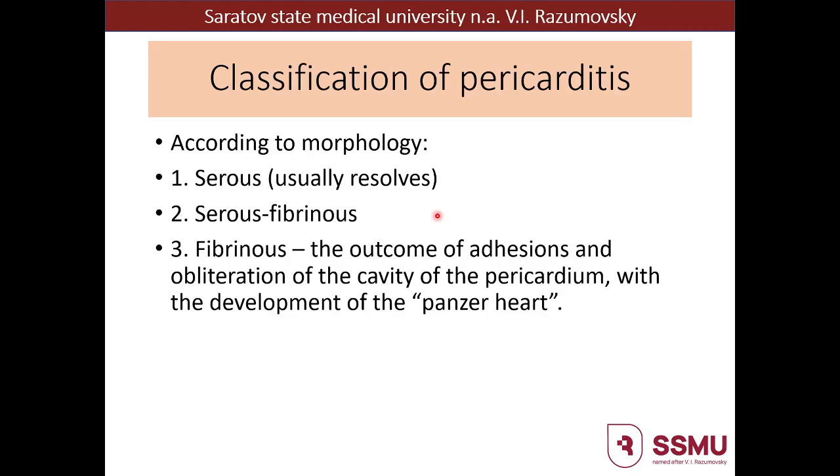The second or third type of injury in case of rheumatism is pericarditis.